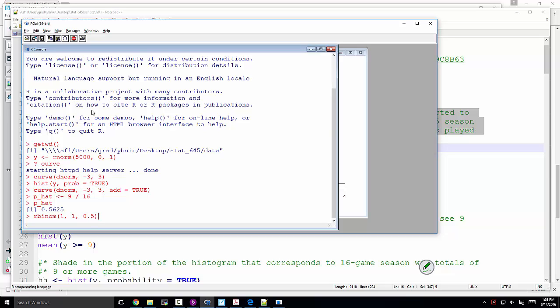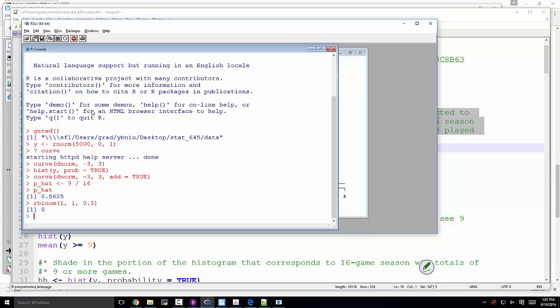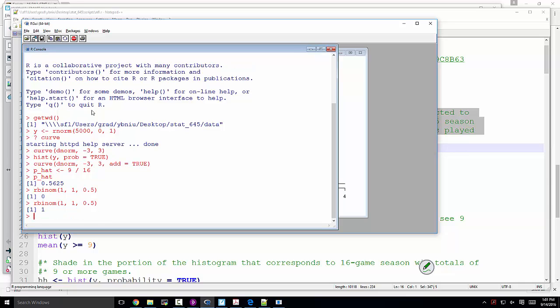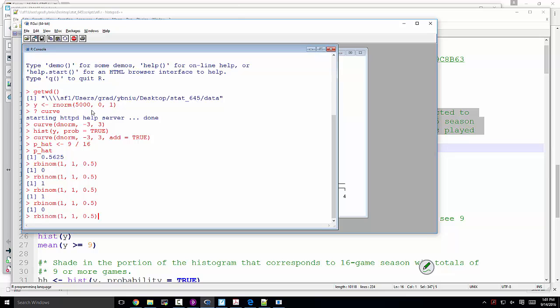That's saying 1 time, do a single success-fail trial where the probability of success is 0.5. This is going to give me either a 0 or a 1. So that's just like I flipped a coin and I got tails. Let's flip it again. I got heads. Flip it again, heads, tails, and so on.